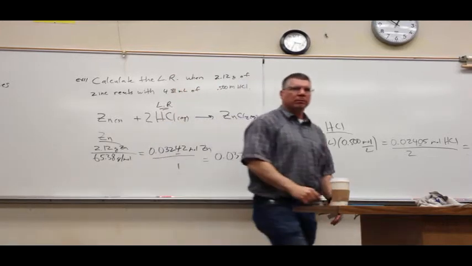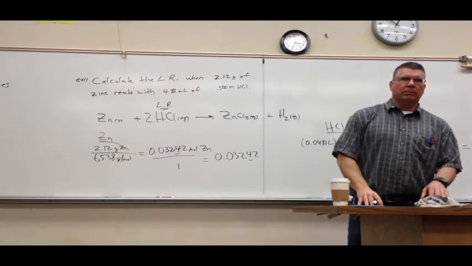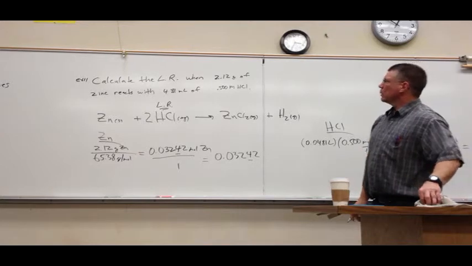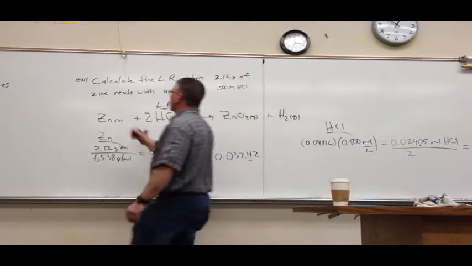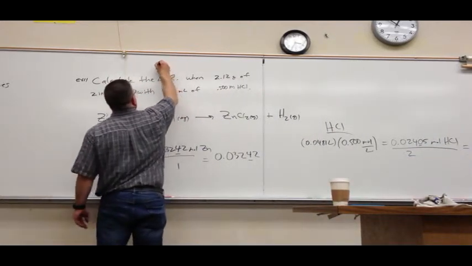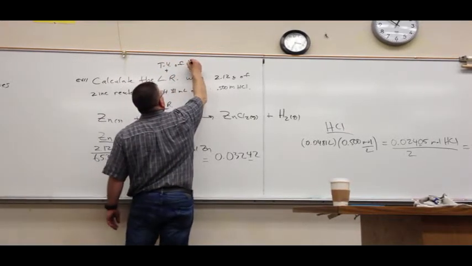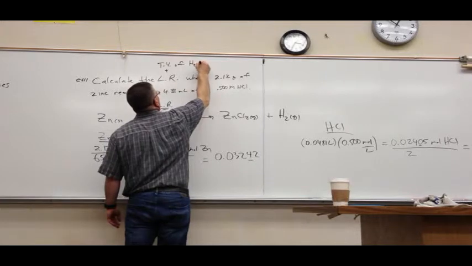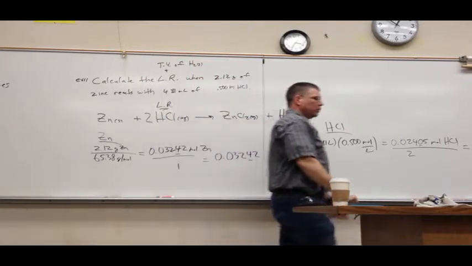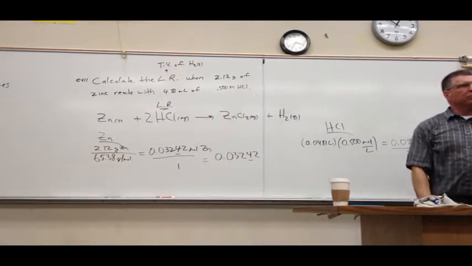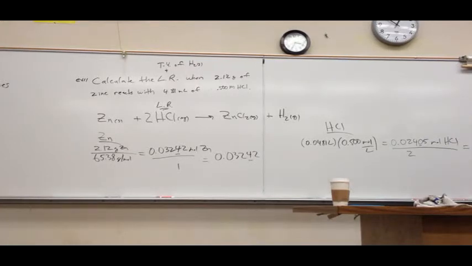Can you go one step further and just do a theoretical yield? If you ask for the theoretical yield, find the limiting reactant first, assuming you're given amounts of both reactants.